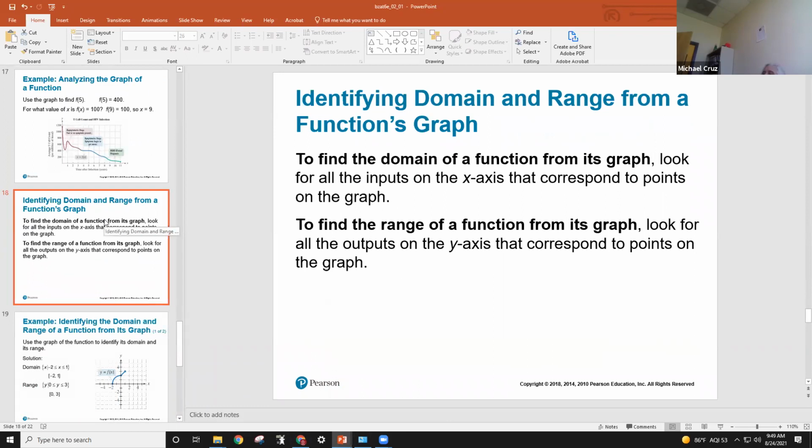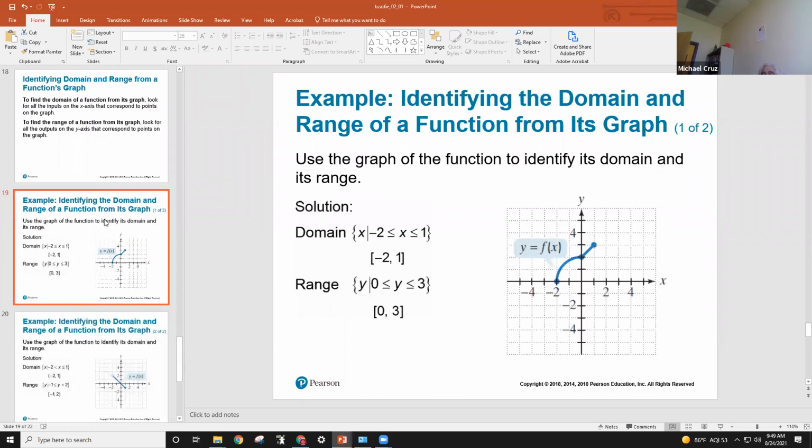All right, so sometimes we can look at a graph and determine its domain and range in that way. To find the domain, you're strictly looking at X. In other words, you're ignoring the Y-axis for the time being, and you're just looking at the endpoints and what they come to on X. So this one's pretty easy because it starts at -2 and then it goes over to X is equal to 1.